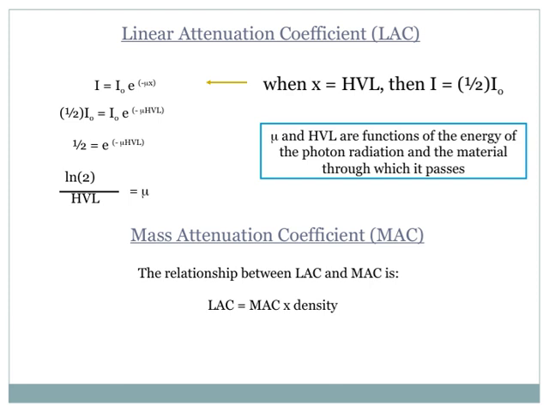When x equals HVL, the intensity drops to half of its original value, which is a key point for understanding shielding effectiveness. Finally, it's important to note that both mu, the attenuation coefficients, and HVL depend on the energy of the photon radiation and the properties of the material itself. So, as energy changes, these values will change too, affecting how we design shielding and assess radiation exposure.